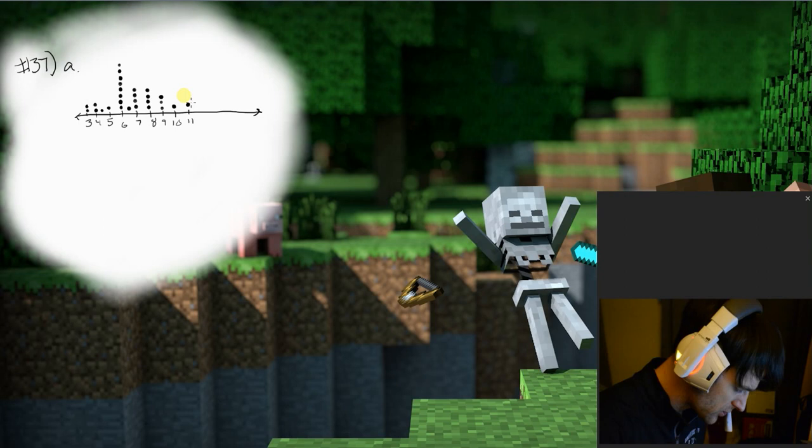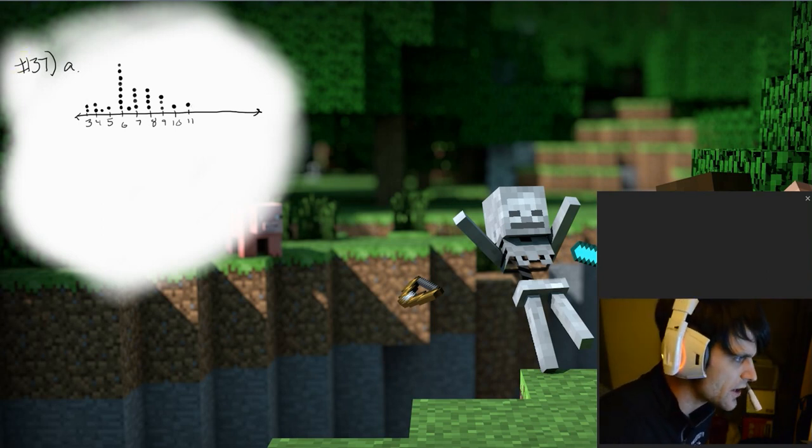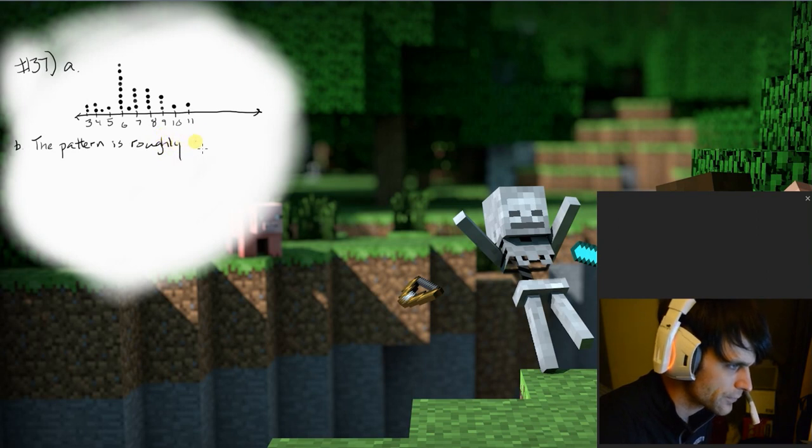For B, they want us to describe the overall pattern of the distribution and departures from the pattern. So what we're going to say here for B is that the pattern is roughly symmetric.